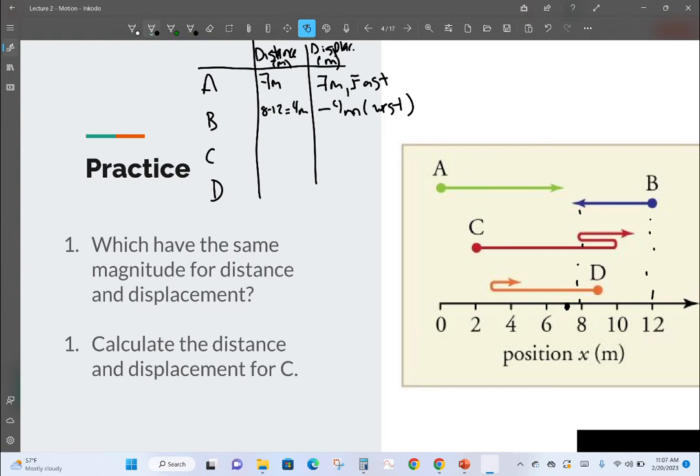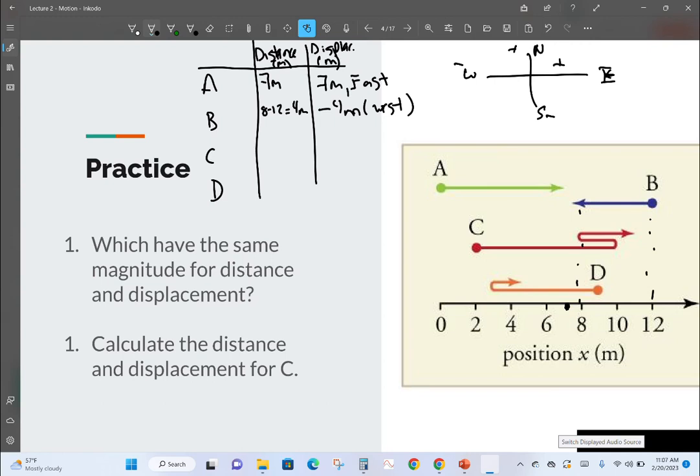So in physics, we can designate positive and negative directions. East will be positive and west will be negative. North will be positive and south will be negative. In this case, we're only dealing with things that are going east and west.